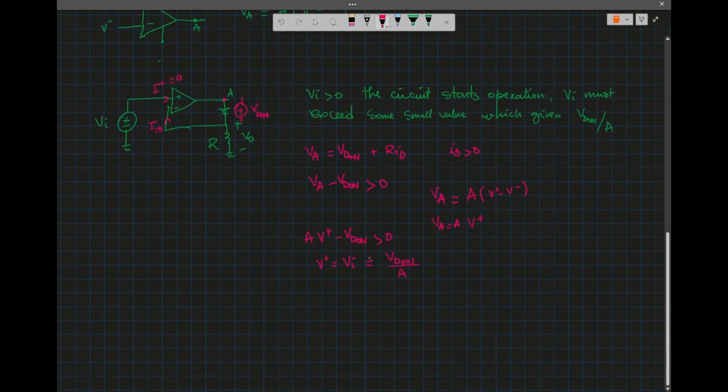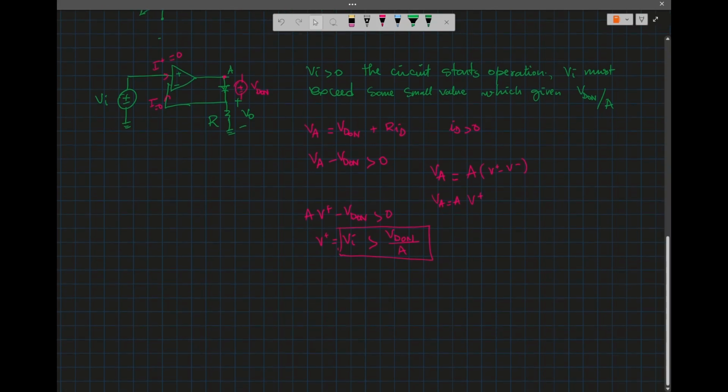So this is the threshold, right? VD on over A is the threshold that VI must reach for the network to start operating.